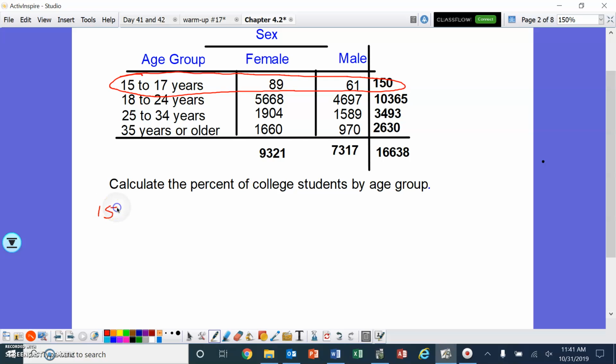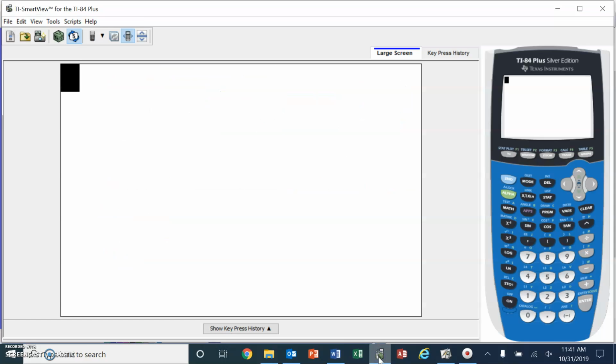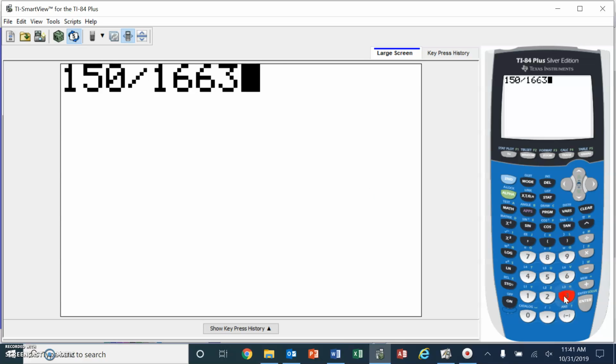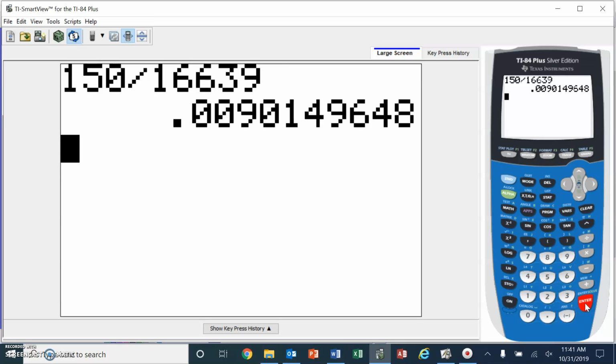So we're going to do the 15 to 17-year-olds. There's 150 of them. All right, well, we're going to divide that by the total, which is 16,639. Now, I'm going to put an approximate sign. And when we type this one into the calculator, okay, we've got the 150 divided by the 16,639, and we get that long decimal.